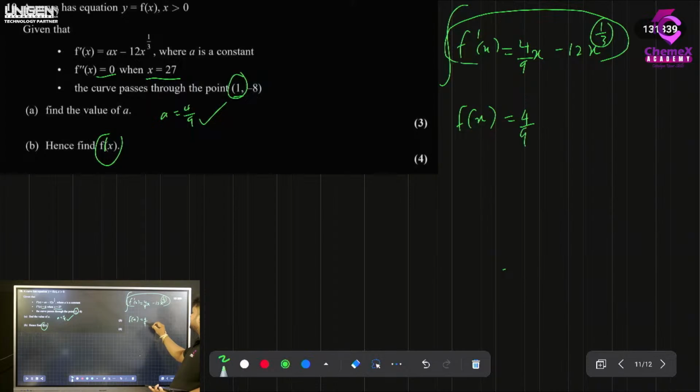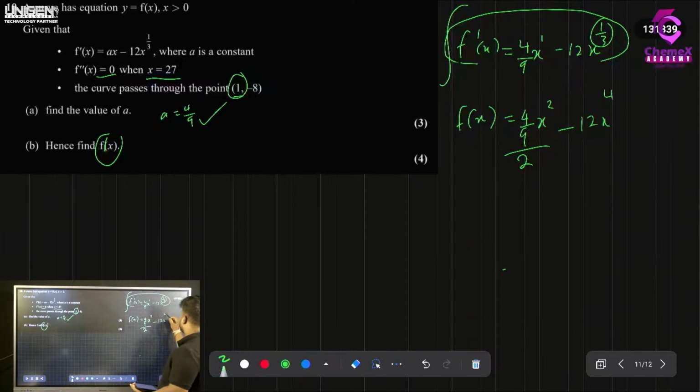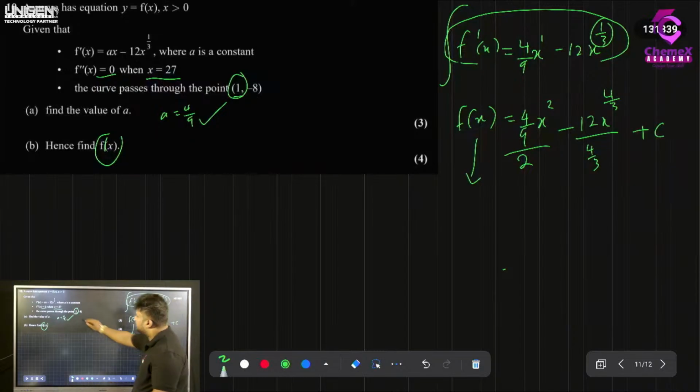4 over 9x integrated is 4 over 9 x squared divided by 2. You add 1 to the power, here the power is 1, so 2 divided by 2. Minus 12x, 1 over 3 plus 1 is how much? 4 over 3. So x to the power 4 over 3 divided by 4 over 3, plus c. Here I put the given y, that's minus 8.